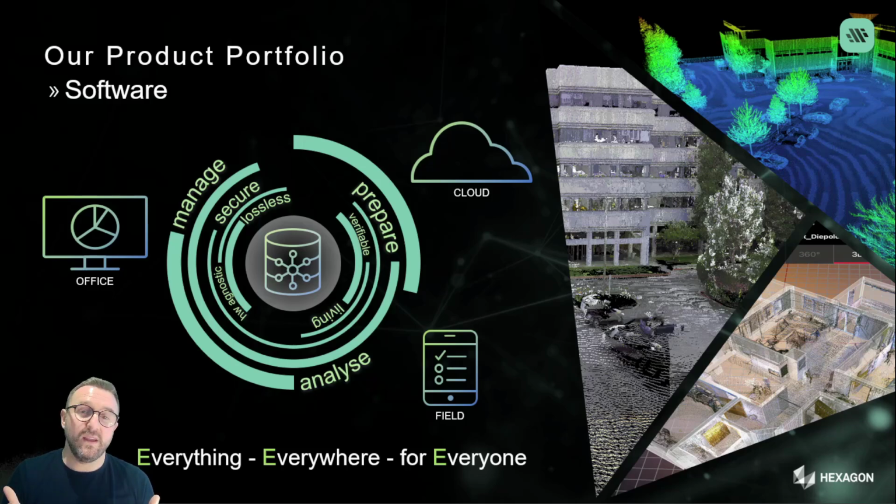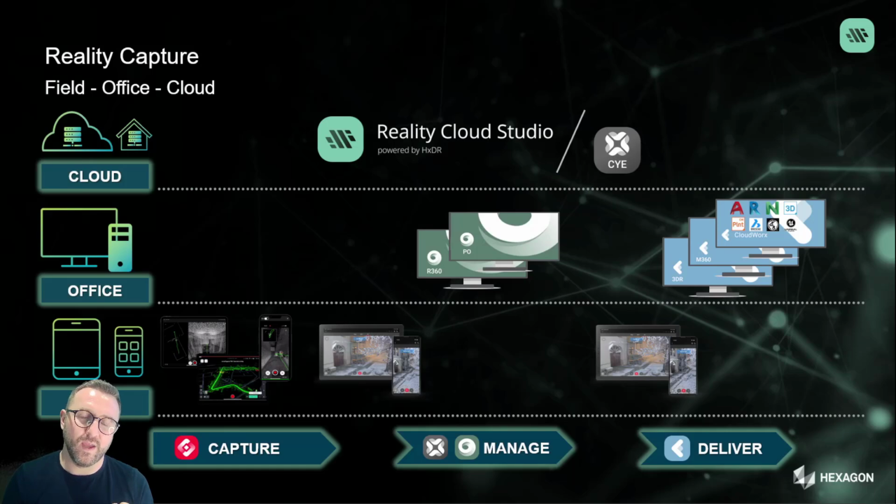Even if we take analysis of the data, you can do analysis within Leica Cyclone 3DR, but as we move forward, we'll have analytics, deviation reports, and BIM progress monitoring in Reality Cloud Studio, for example. We'll also have some in-field analytics within Field 360. So we just want to make sure that our customers can do as many things in as many different places. That sets up the vision for our reality capture portfolio.